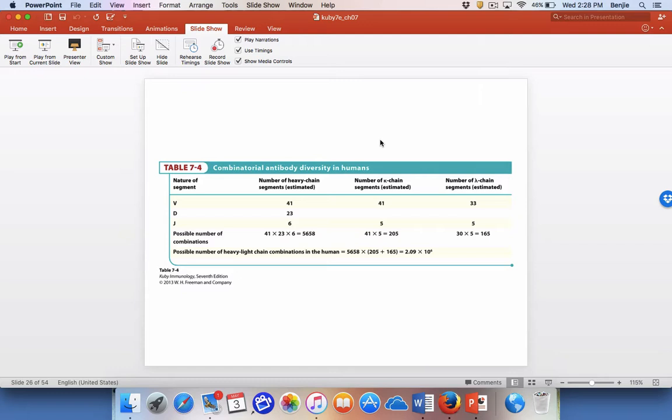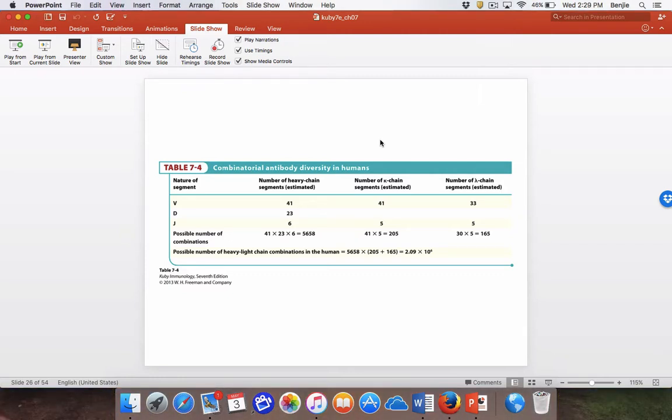So that means one time, if you were to do this same combination of genes, you'll get 10 nucleotides in between, and the next time you may only have 3. So that can make a big difference in how those regions are joined together. So P nucleotide addition, you're adding nucleotides.